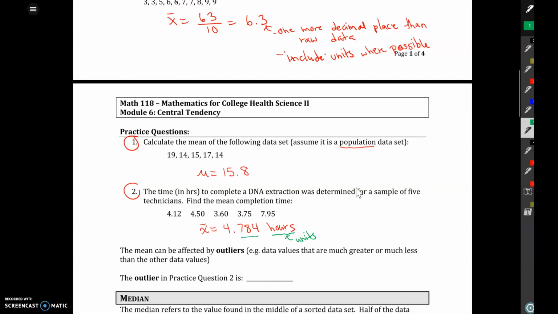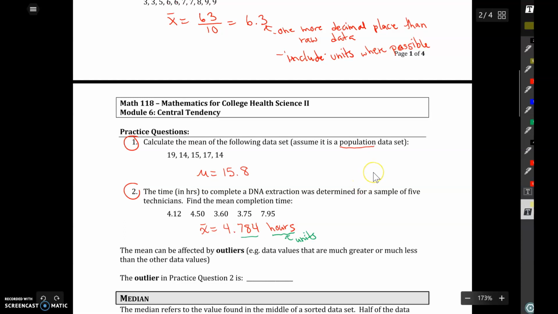Great work. Our mean value is our most common way of measuring central tendency. The problem with the mean, though, is it can be highly affected by outliers.